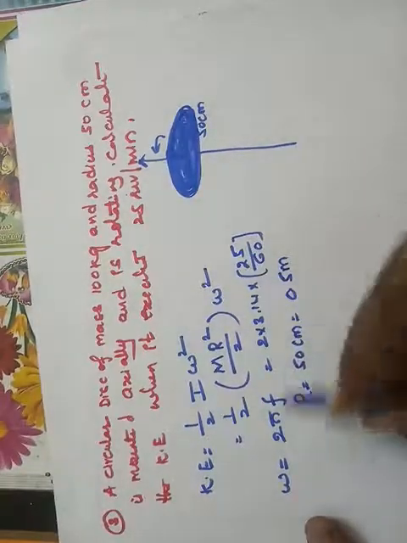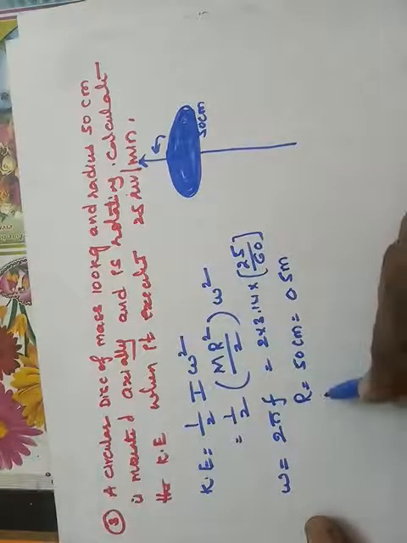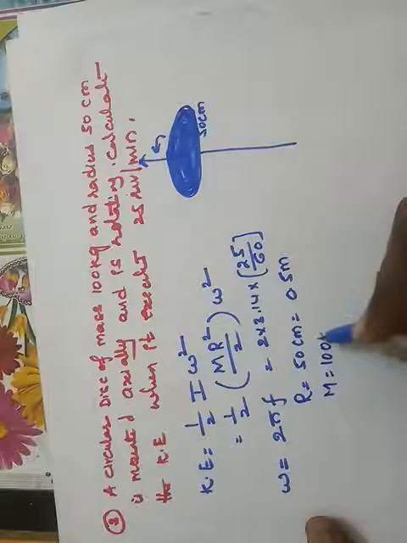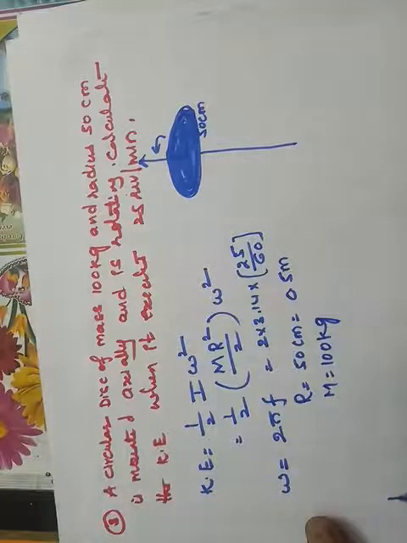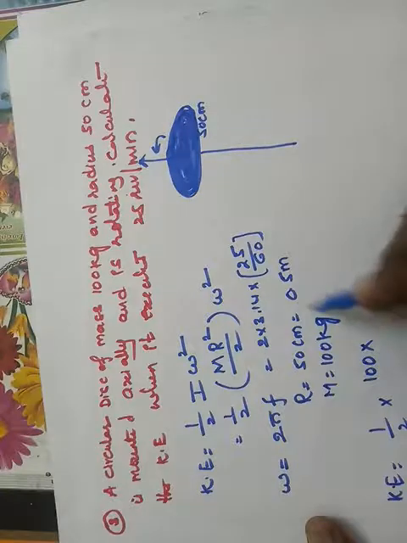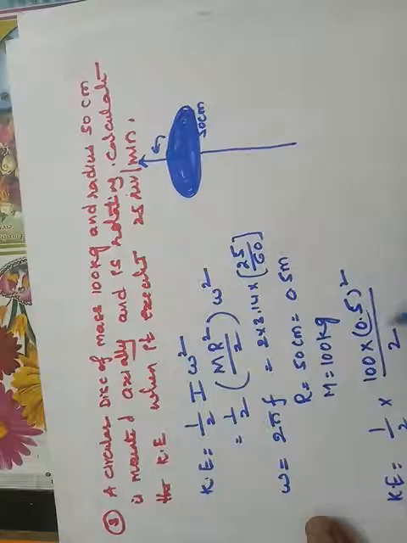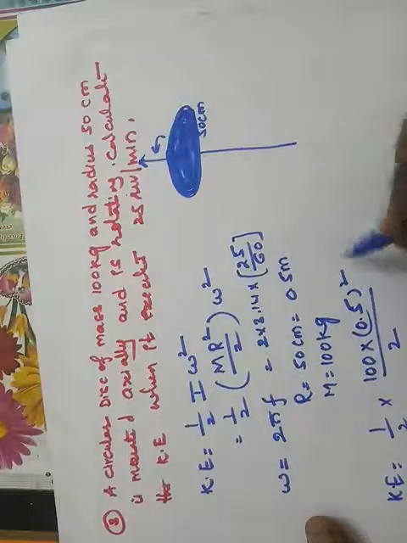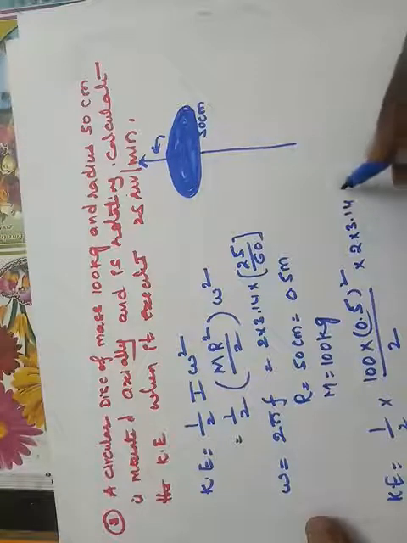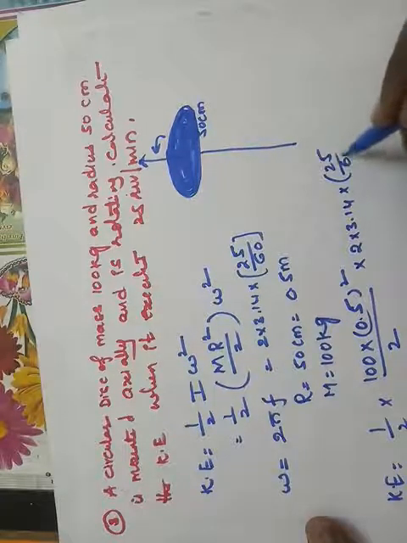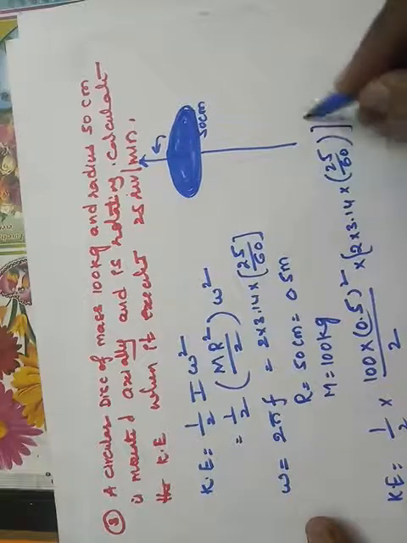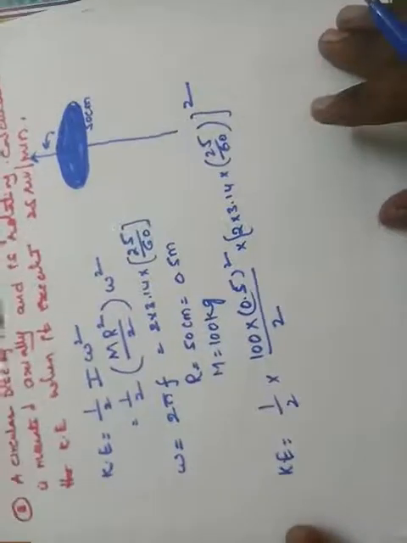Substitute all the values in the above equation. M is also given there. M is equal to 100 kgs. Now the kinetic energy equals half into m 100 and r value 0.5 whole square by 2, and omega square value is 2 into 3.14 into 25 by 60 whole square. Okay, we got this one.